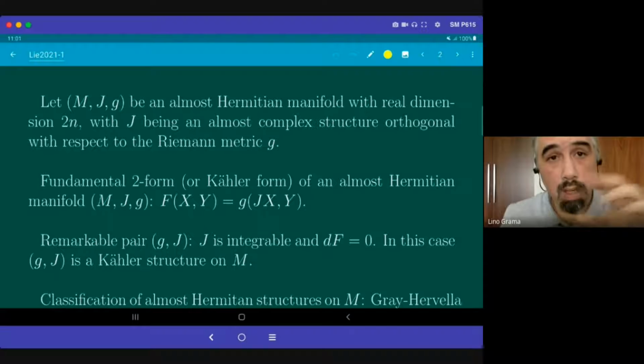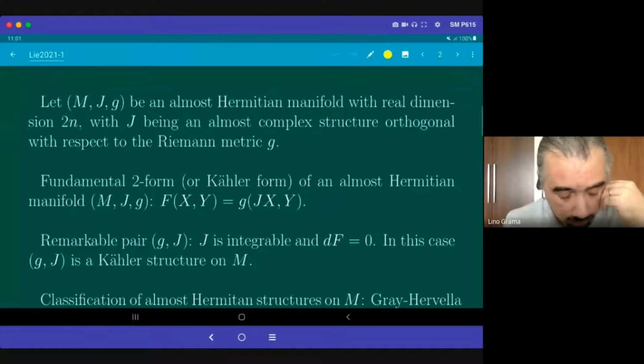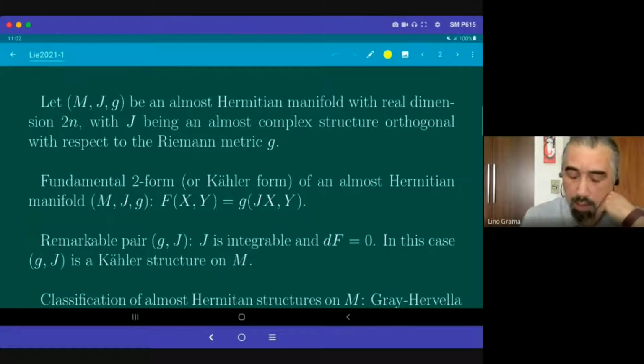I will start to recall some basic concepts and definitions. Probably these concepts appeared in the previous talks, and I just pass over this very quickly. We start with an almost Hermitian manifold with real dimension 2n, and J is an almost complex structure, orthogonal with respect to the Riemannian metric g.